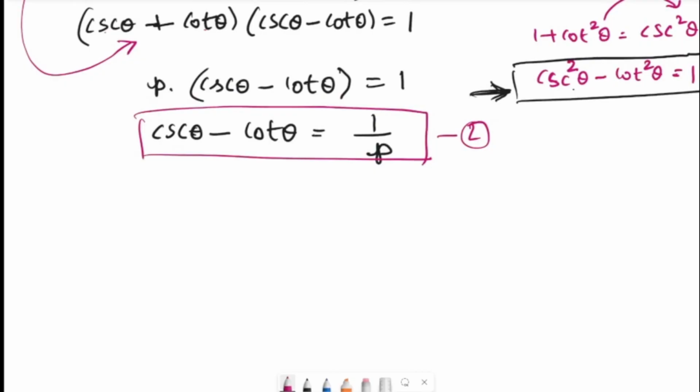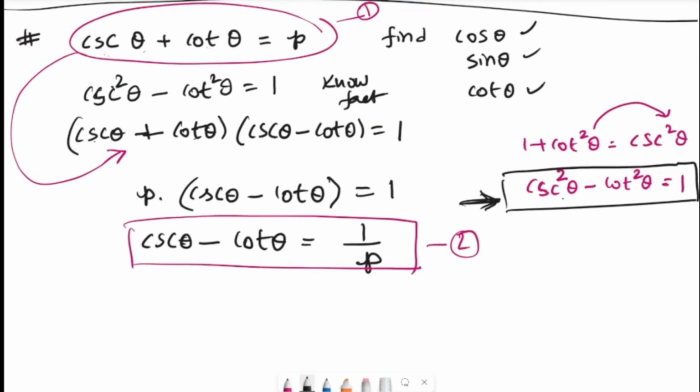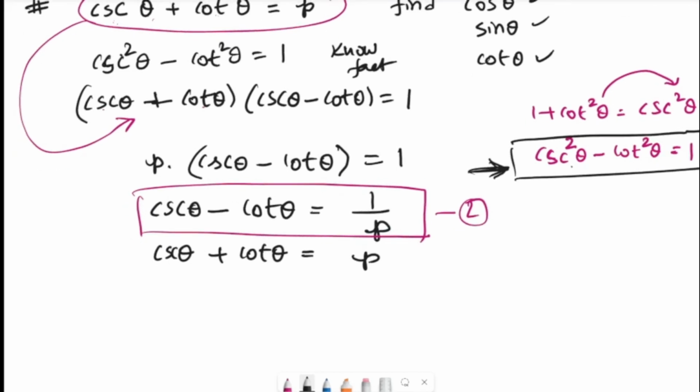Again, I'm going to rewrite. Because it's already here, I'm just writing equation number 1 below this: cosecant theta plus cot theta equal to P. These are the two equations. When I add these two, cot and cot will cancel. We can eliminate cot.